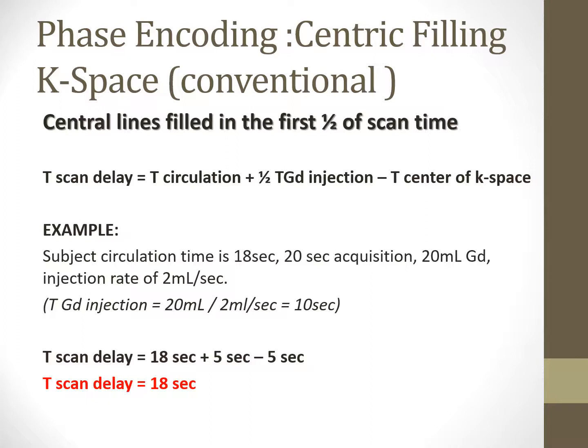So we end up with our formula: the time of scan delay equals 18 seconds plus the 5 seconds, which is half the injection time, minus the 5 seconds, which it takes us to get to the center of our K-space. So we end up with a time for our scan delay of 18 seconds for this particular MRA exam.